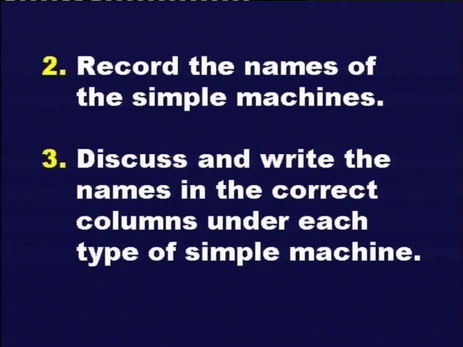Secondly, you are to record the names of the simple machines as they appear on the screen. Third, in your groups, you discuss and write the names in the correct columns under each type of simple machine.